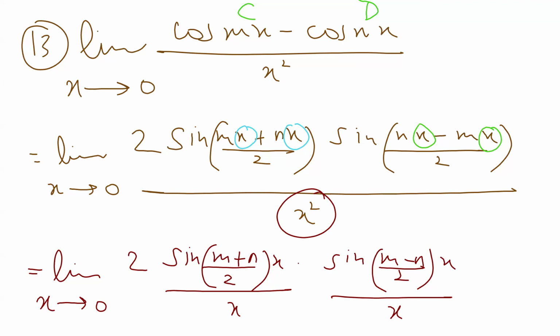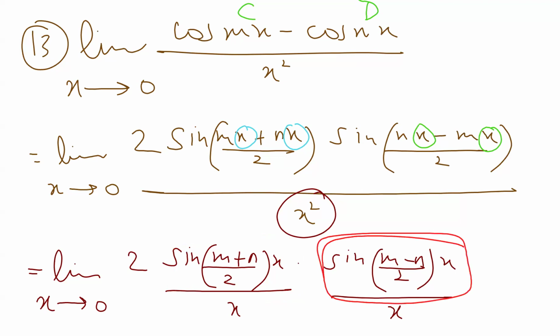So x square is distributed to the two different sines. Now everyone, what is the angle of this sine? M plus n upon 2 into x. Correct, good. Out of that, x is already there. So what should be multiplied and divided over here? M plus n upon 2. Perfect.